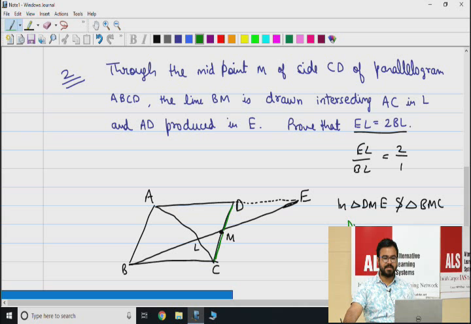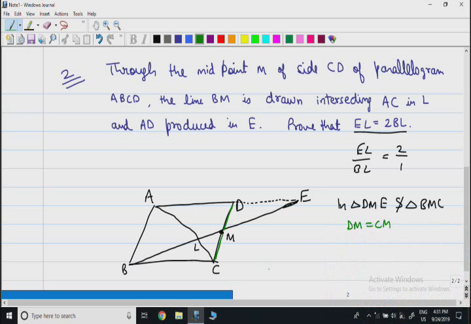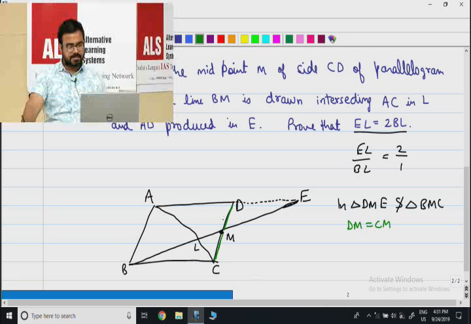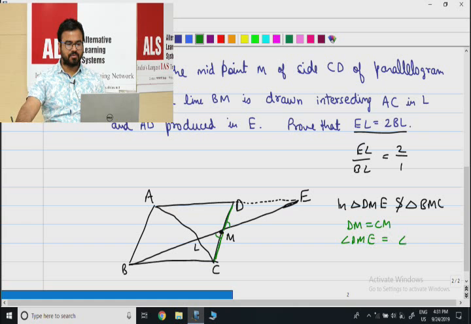So we can say DM is equal to CM, right? Second thing, we know that these two angles are vertically opposite angles. Angle DME is equal to angle CMB. These are vertically opposite angles.